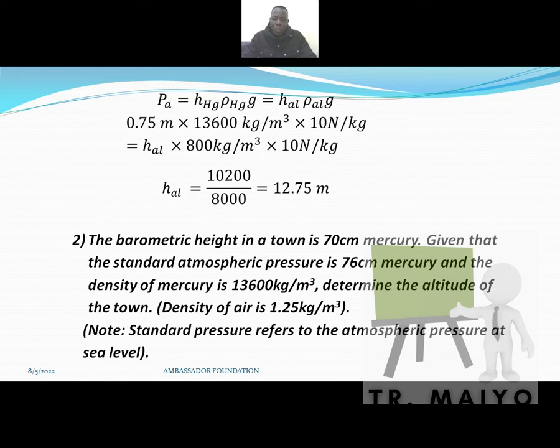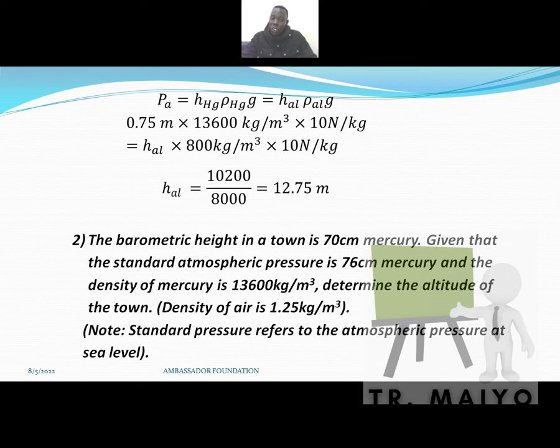So in short, you are being asked about the height. Ask yourself, what has brought the difference in the height of the mercury barometer when at sea level and when on the mountain? It is the atmospheric pressure. So the difference in pressure is the atmospheric pressure. And the atmospheric pressure, just like we said when we were defining atmospheric pressure, we said this.